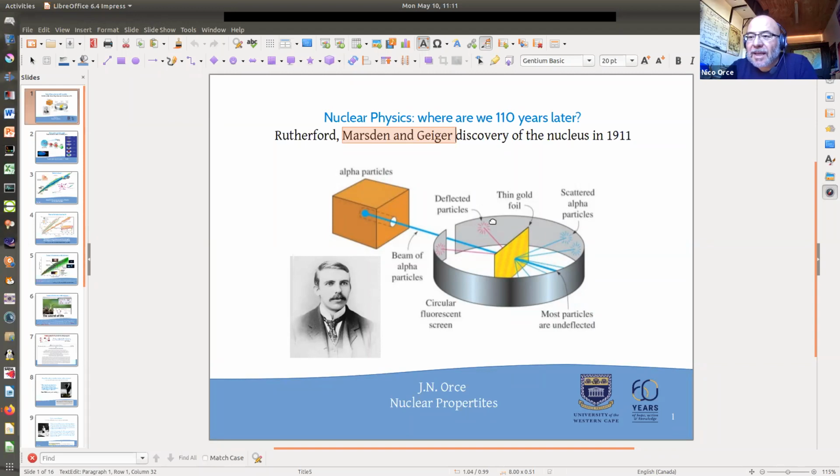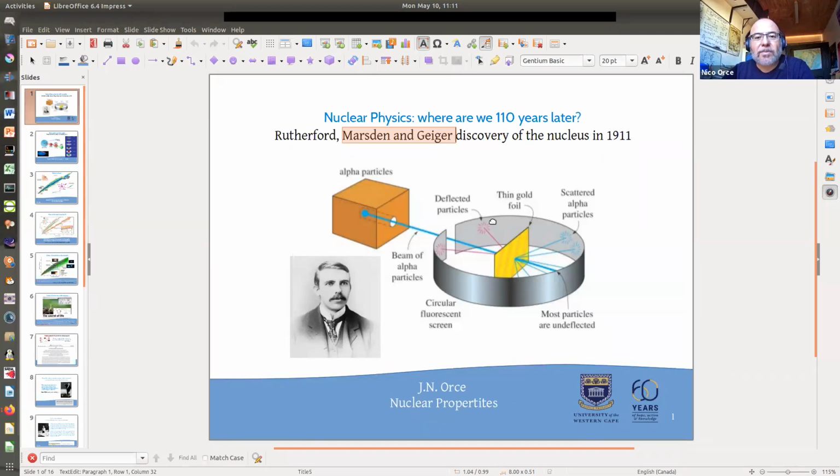Actually, they almost went blind. So the situation was that for this to happen, the atom must have a nucleus at the center, and it was heavy enough to deflect these alpha particles. Not all the alpha particles will be deflected because the atom is huge compared to the nucleus.